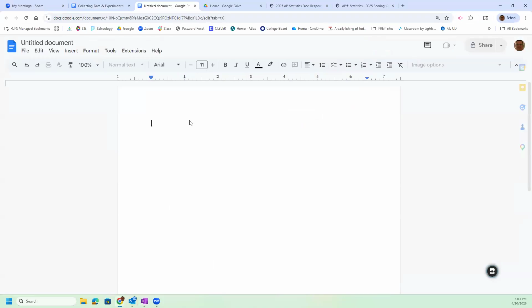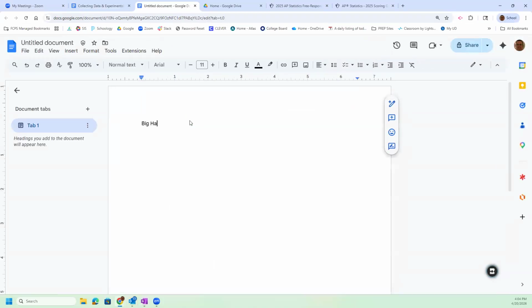So here is what we got for the big hat method. What we're going to do first, we are going to write the name of each member of the population on an equal size piece of paper. Equal size.